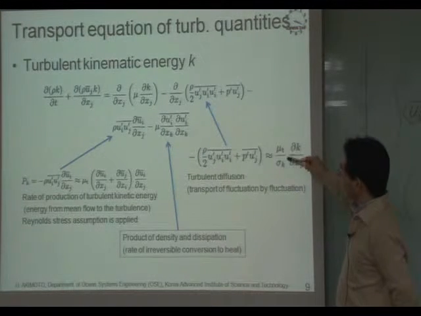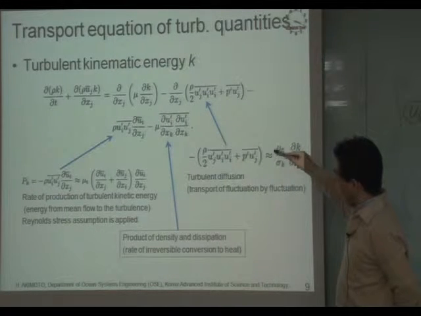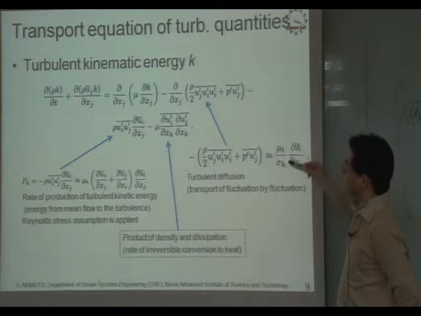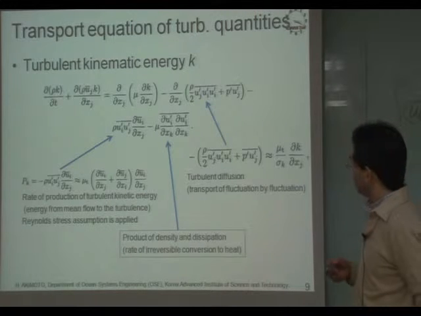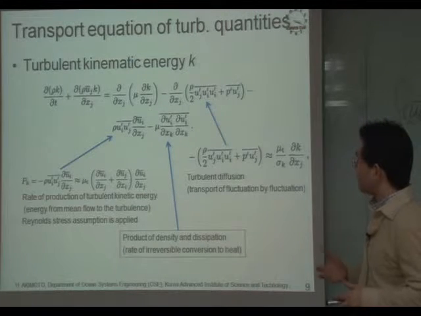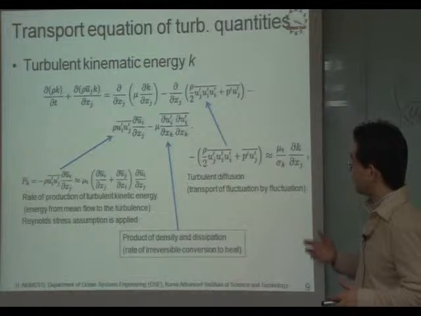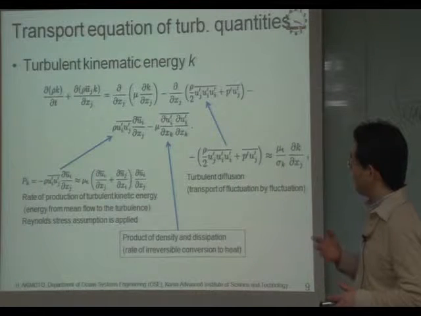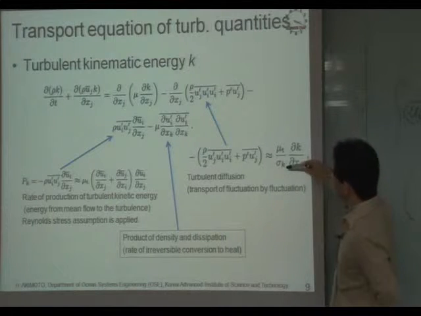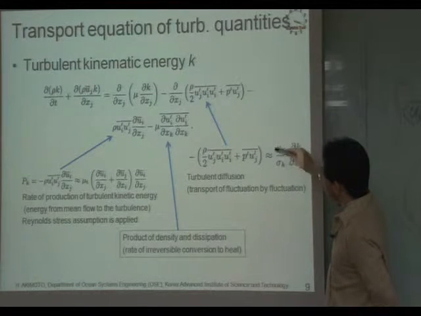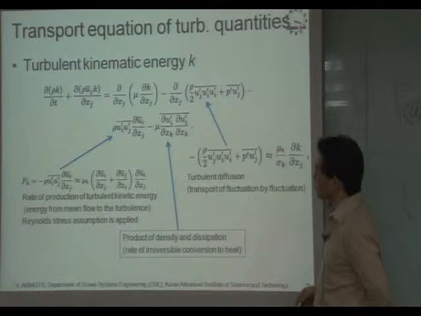And in this case, the diffusion coefficient should be modified to include the enhanced transport characteristics of turbulence. So in this model, the coefficient is written like this.